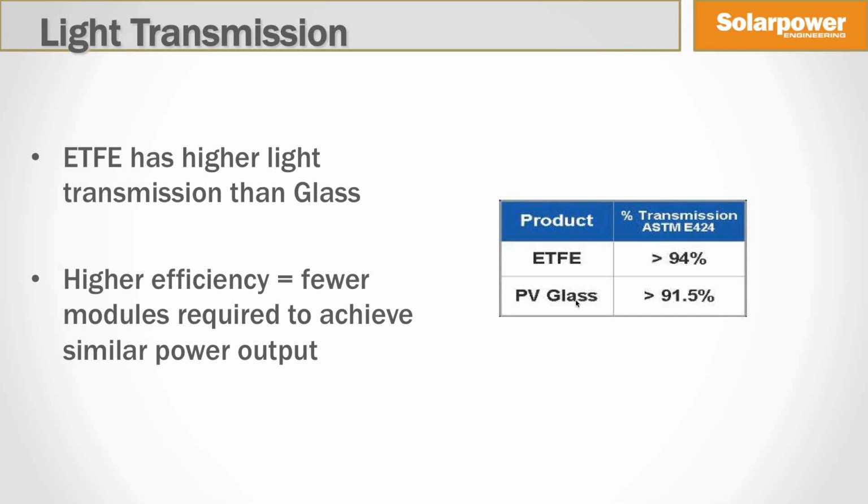So with these highly transparent films, when applied on top of these modules, we will get even more energy density from the same cells compared to conventional modules which would have a PV front glass. Thus, higher efficiency because of this higher transmission is equal to fewer modules required to achieve similar power output.